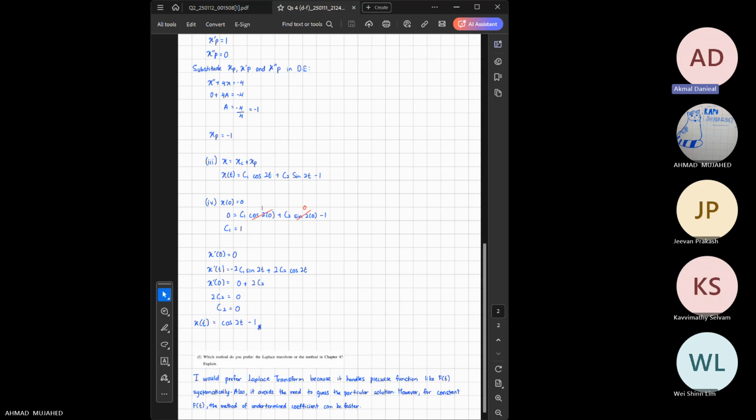We substitute them into the DE. The final answer when we substitute the values is x(t) equal to cos 2t minus 1.